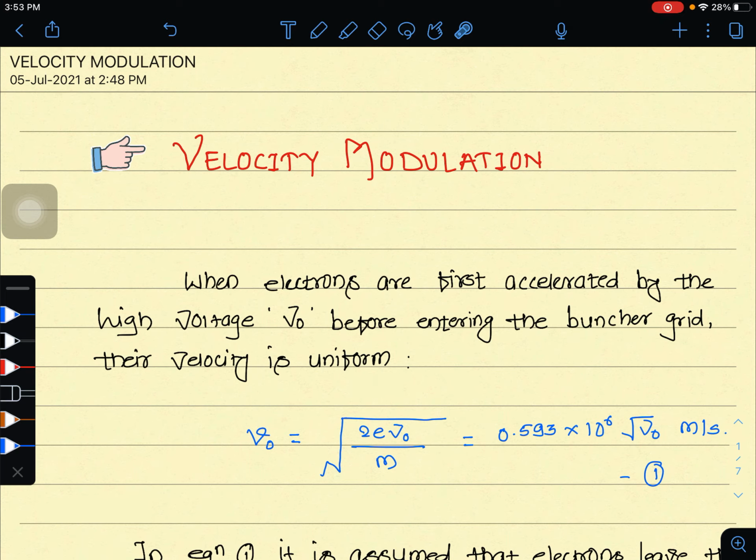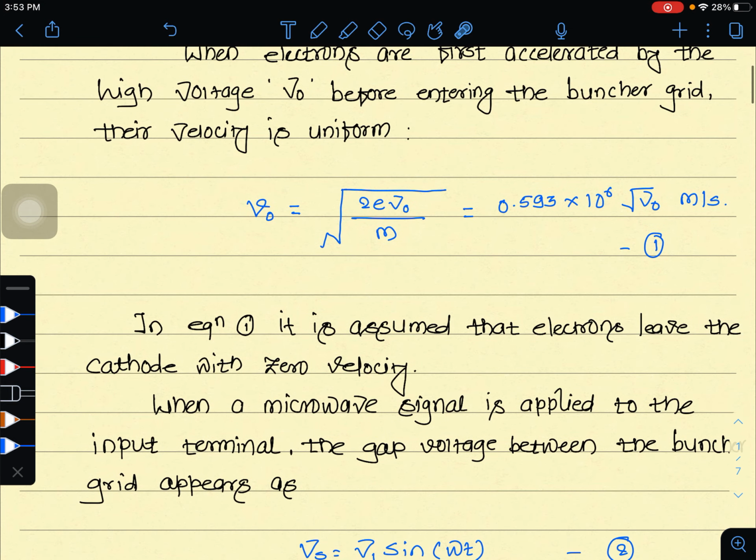So guys, points to remember for our MCQ exams. The first point is these equations, which are very important. Another point: when the electrons leave the cathode, the velocity at that instant is 0.